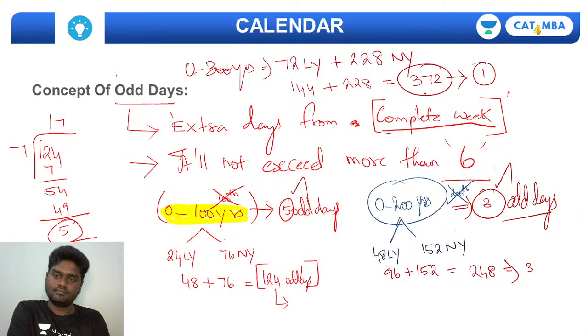Clear, everybody? You'll have 1 odd day for 300 years.